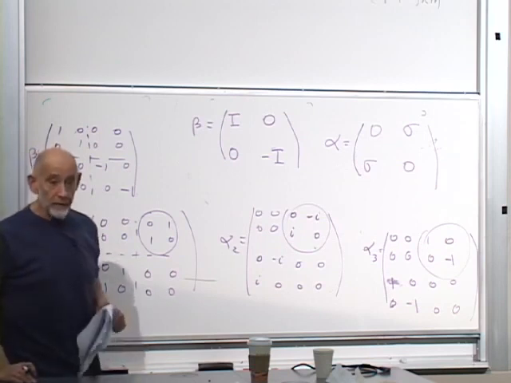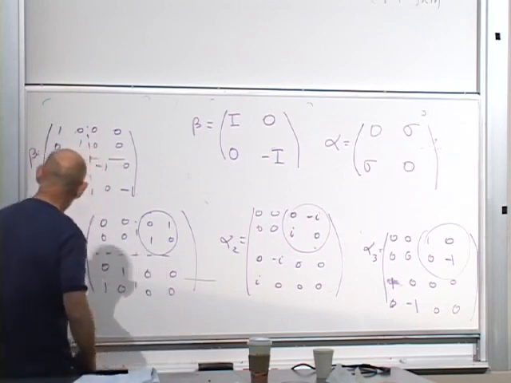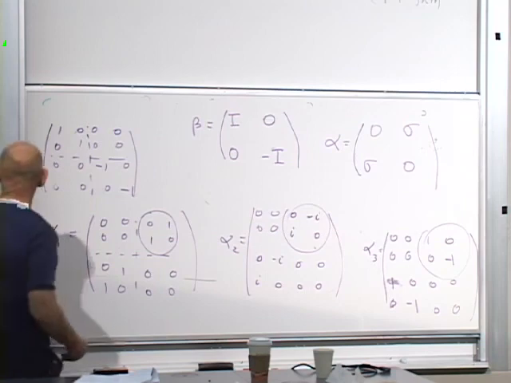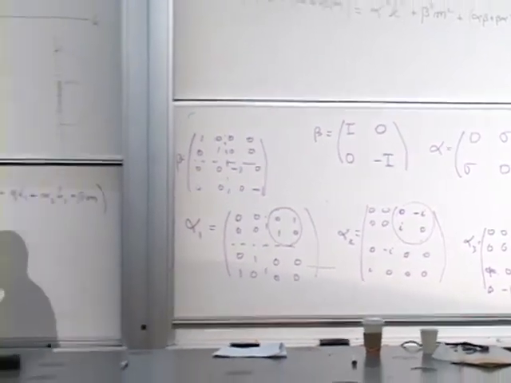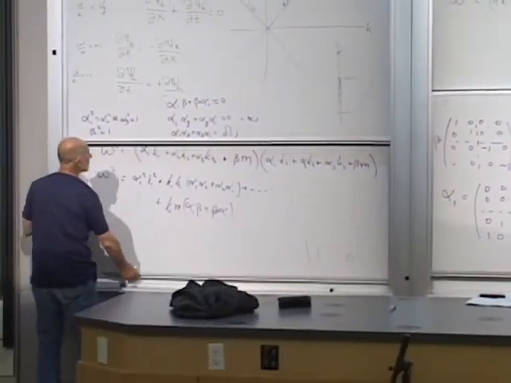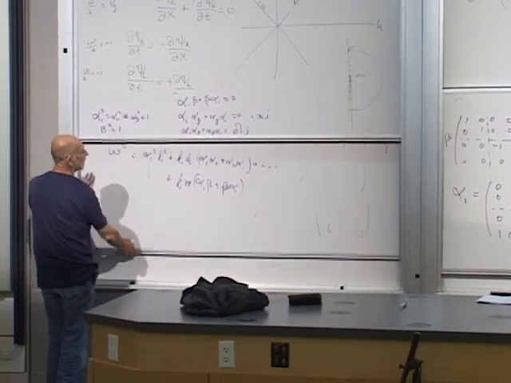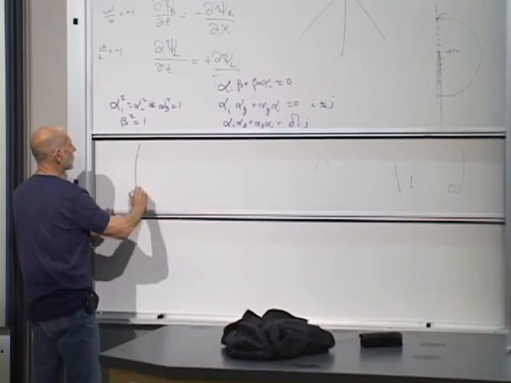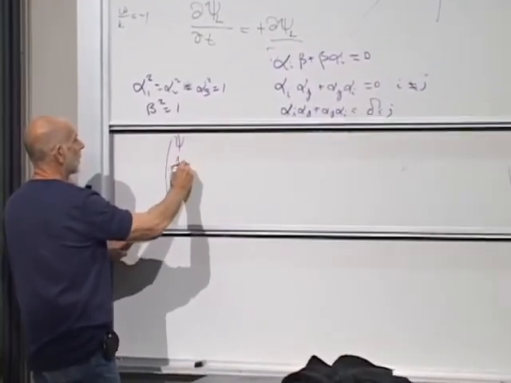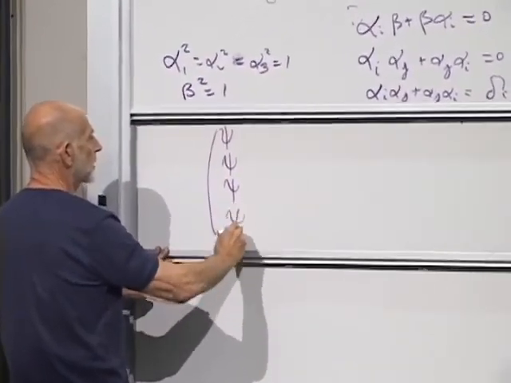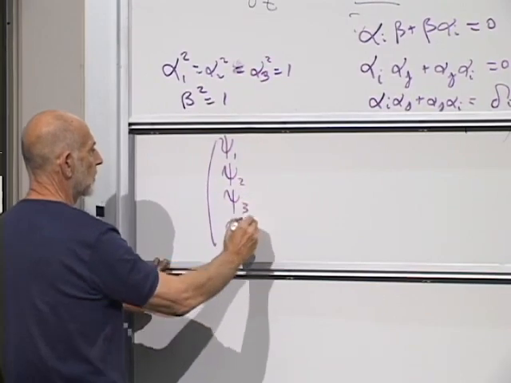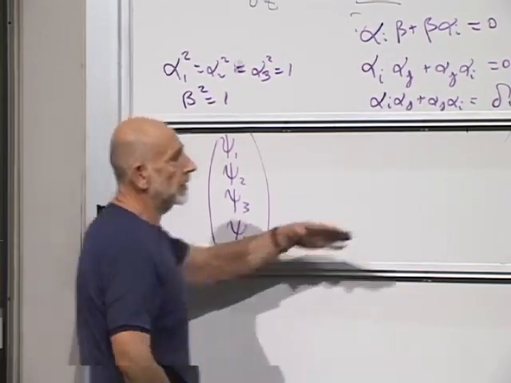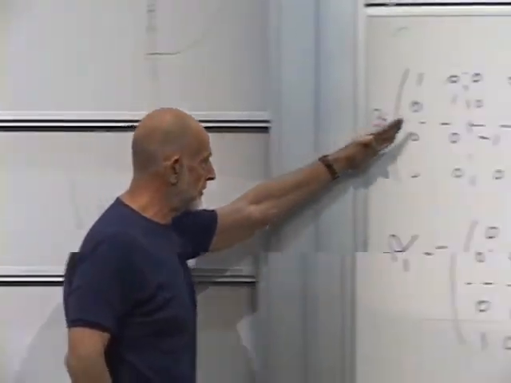And if you write a wave equation, what would the wave equation be? Let's write it down. You first of all make a 4-component psi 1, psi 2, psi 3, psi 4, corresponding to the 4 by 4 matrix entries.